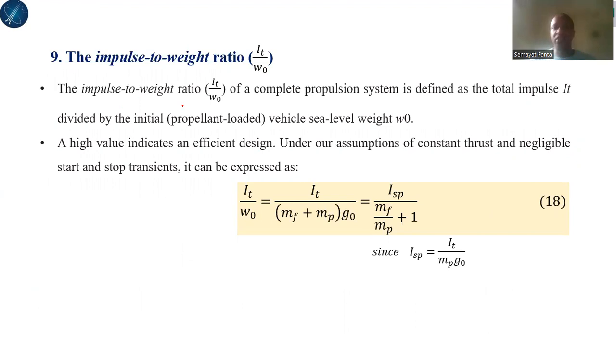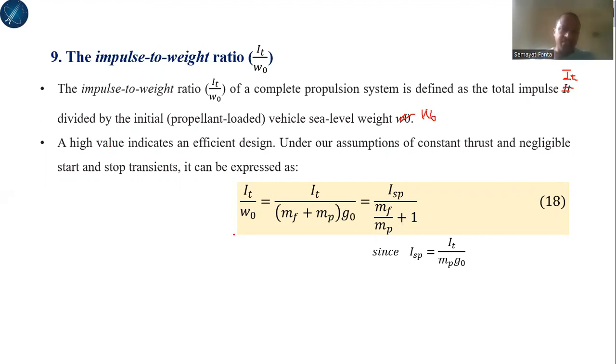The impulse to weight ratio of a complete propulsion system is defined as the total impulse IT divided by the initial, or propellant-loaded, vehicle sea level weight W naught.